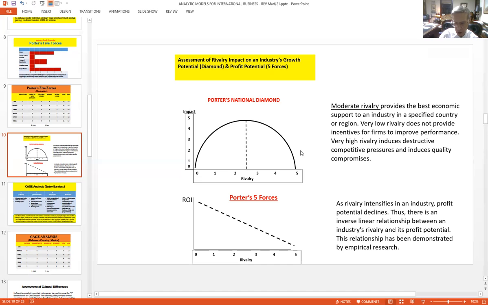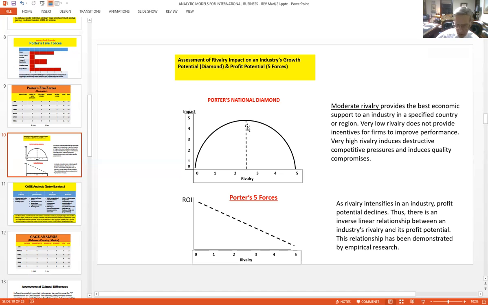And it was a really good idea not to be anywhere near that feeding frenzy because those sharks went crazy. So if we've got rivalry over here at a very high level, that's not going to encourage firms to raise the state of their art, is it?